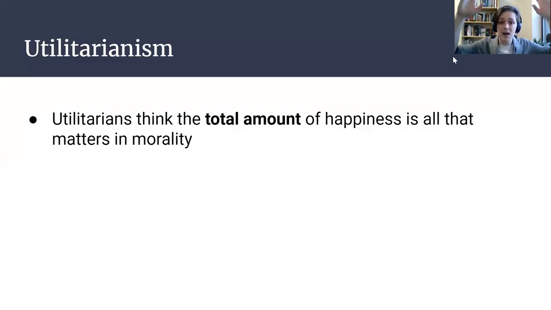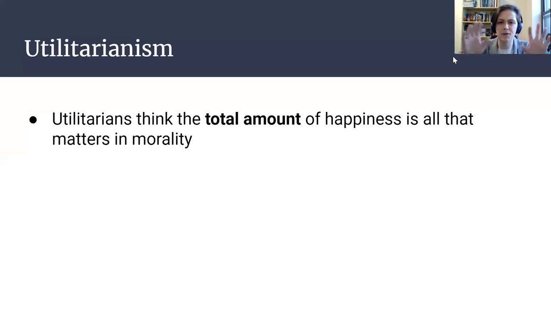So take the total amount of pleasure in the world, subtract the total amount of pain in the world, and there you've got the total amount of happiness in the world. Make that bigger. Increase that. That is your moral duty, for lack of a better phrase.